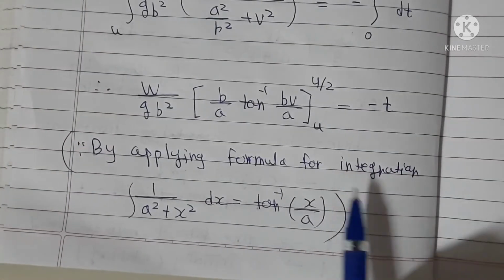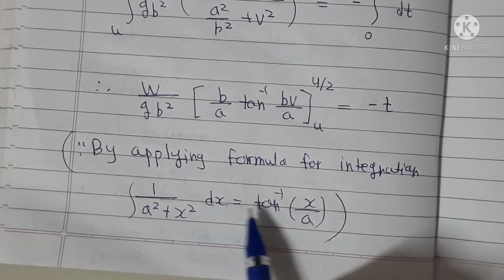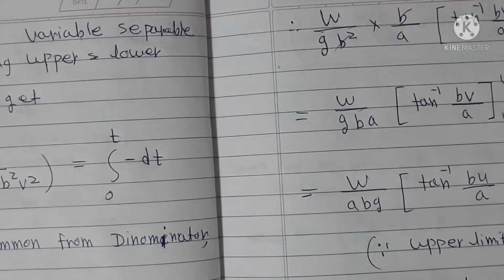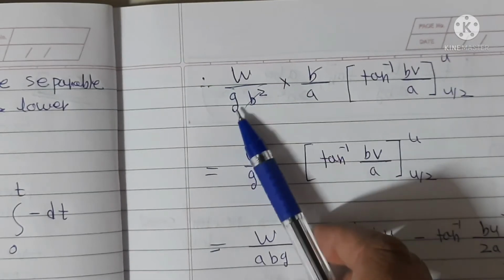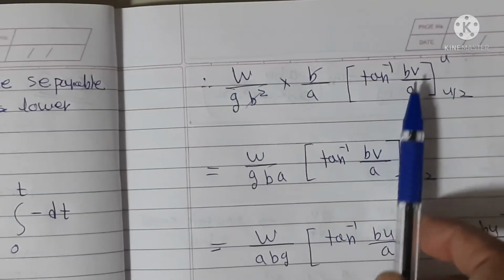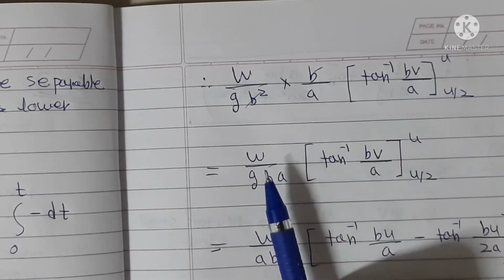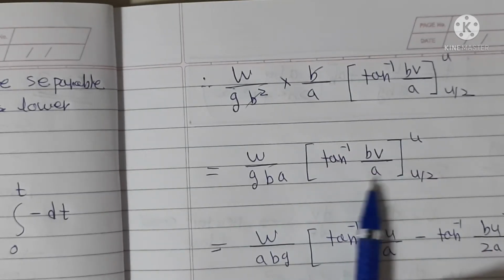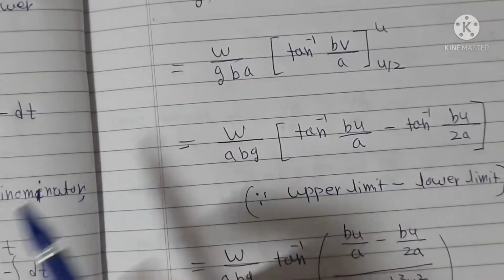By applying the formula for integration, that is the integral of 1 upon a square plus x square dx is equal to tan inverse of x upon a, and after simplifying, we get W upon g b square multiplied by b upon a into tan inverse of bv upon a from u to u upon 2, which is equal to W upon g b a tan inverse of bv upon a from u to u upon 2. That is the upper limit minus the lower limit.